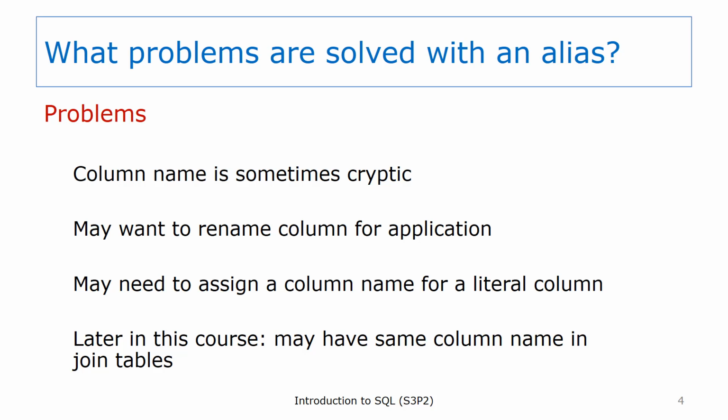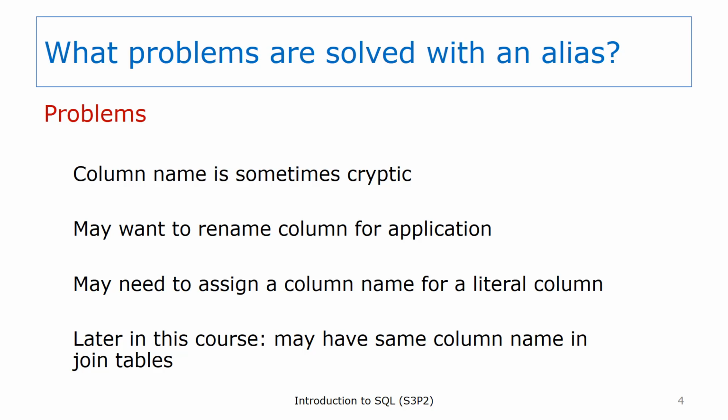Although it would be tempting to create a new table definition with more descriptive column names, it is usually very difficult to change a table that is used by many applications. So rather than put up with the cryptic name or try to change the table, you can simply use an alias when you code a select statement. The alias is only in effect for your select. It does not change the column name in the underlying table.